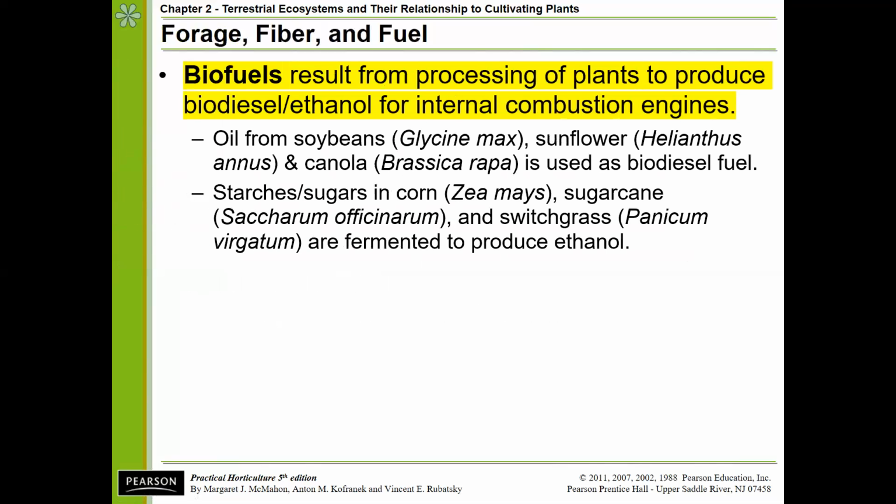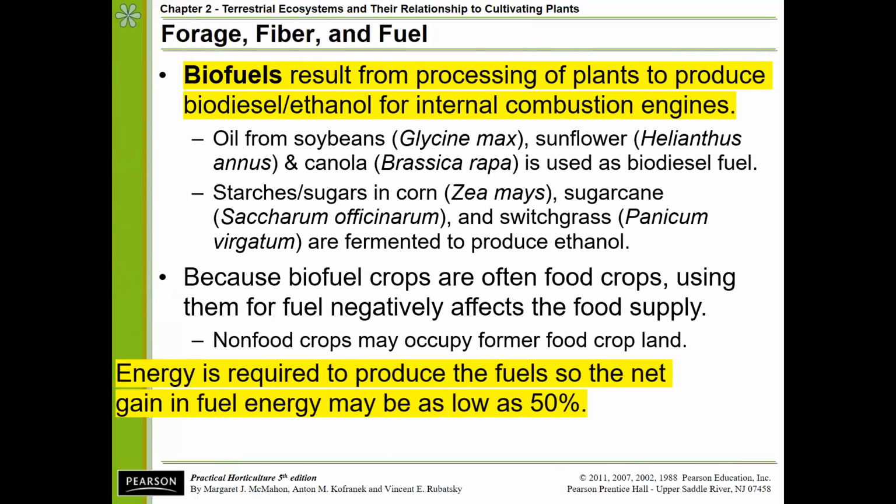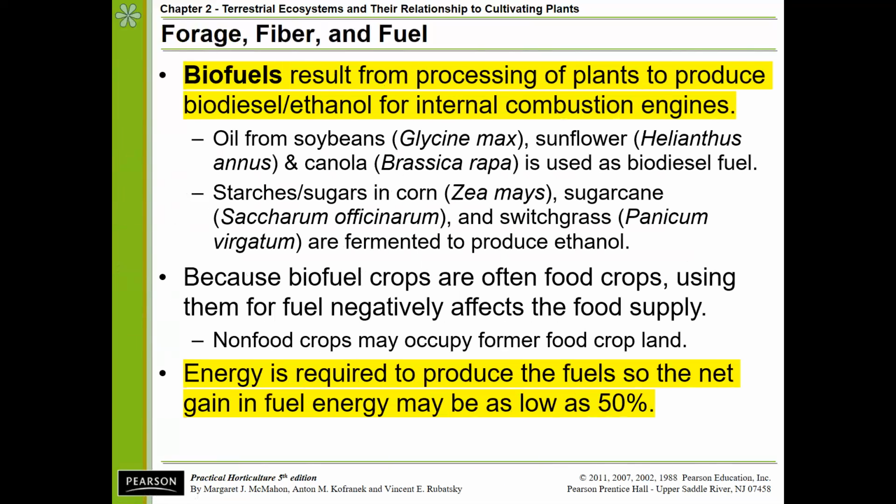Biofuels are an example of how we're kind of reversing that trend and right now it's really not sustainable because of the whole fact that energy is required to produce those fuels. So the net gain in fuel energy may be as low as 50%. However, if it is accompanied with some other type of agriculture and you're making the full use of the crops, then it does make sense.